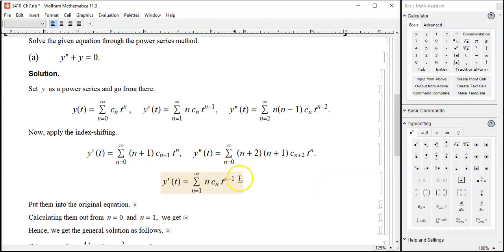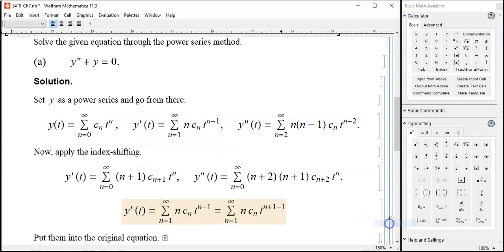All right, here let us apply index shifting. Basically what we want is t to the nth power there. That's what we want in the end. So how do you get n minus 1 into nth power? That's how. Let me expand the font still further.